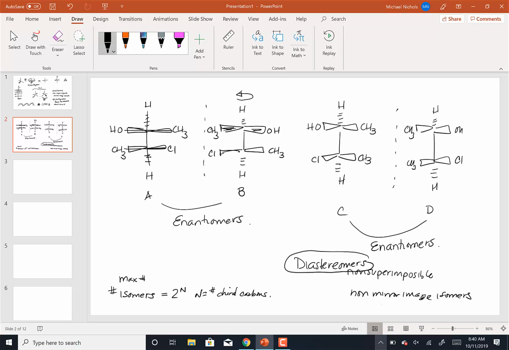Now, let's take this chiral center first, the top chiral center. So hydrogen is number 4. I've got an O, a C, and another C. Well, the O becomes number 1. And then this CH3 versus this C with more than 3 H's attached to it.